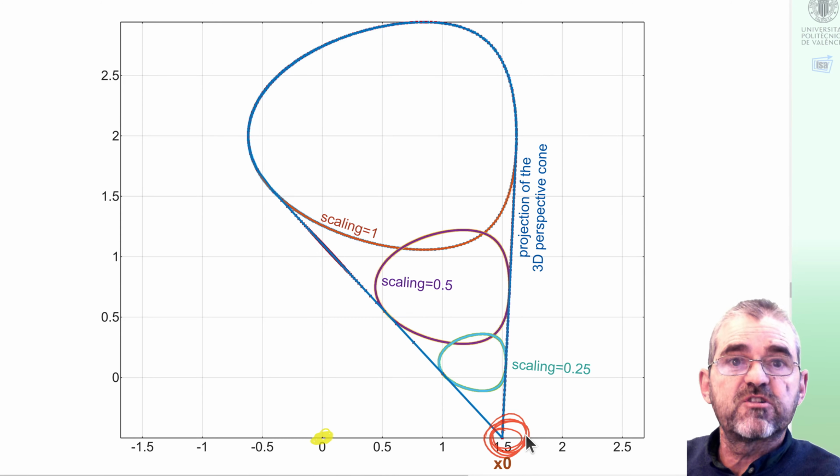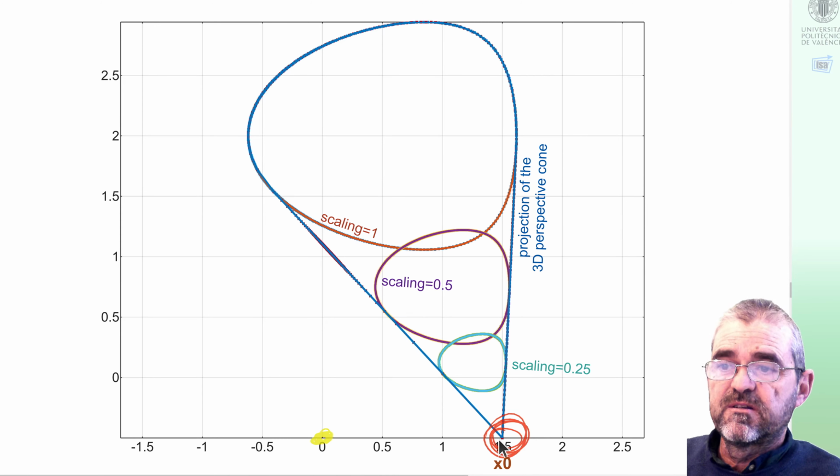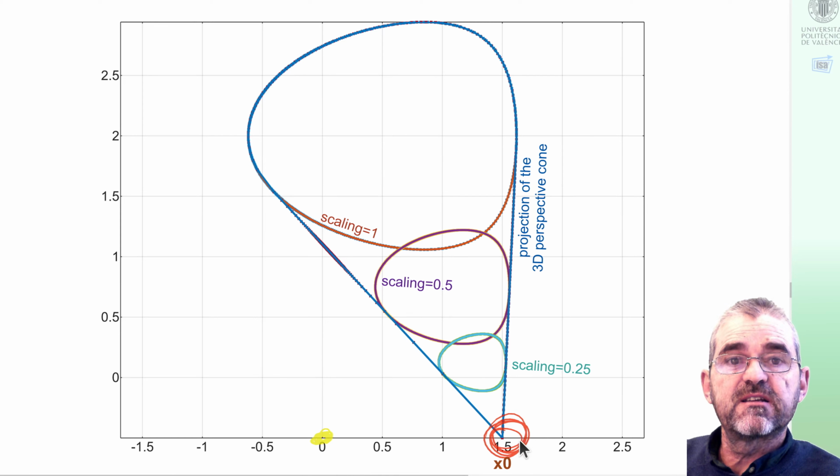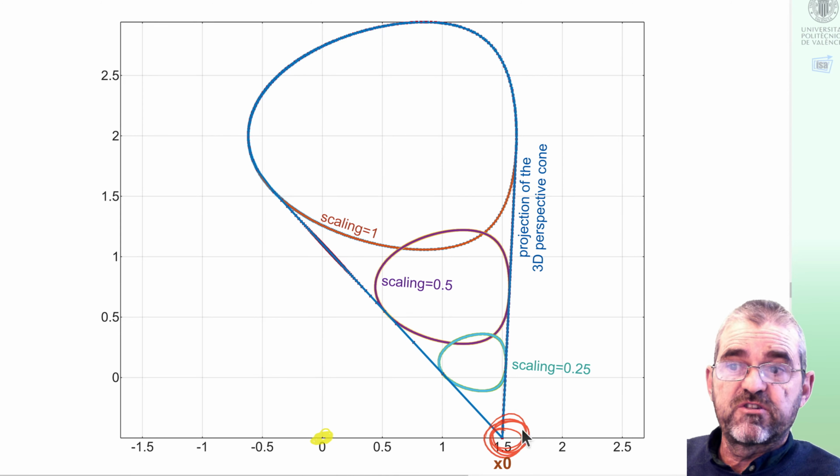As I said, you can just inspect the code. So we have these 3 scalings and the 2D projection of a 3D perspective cone.